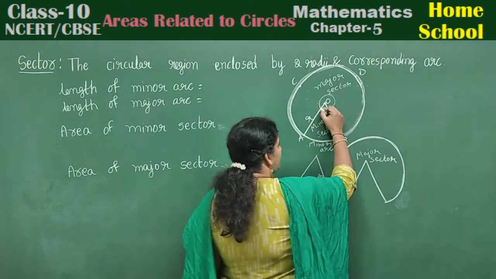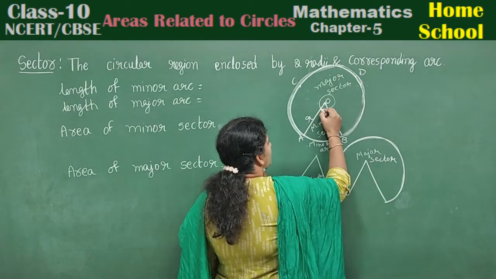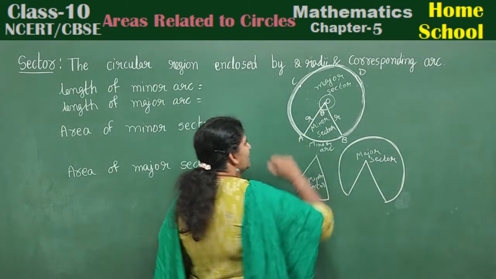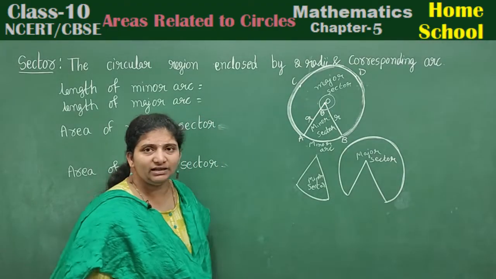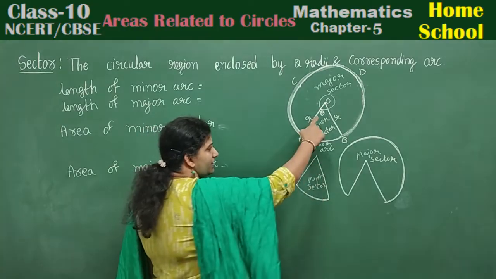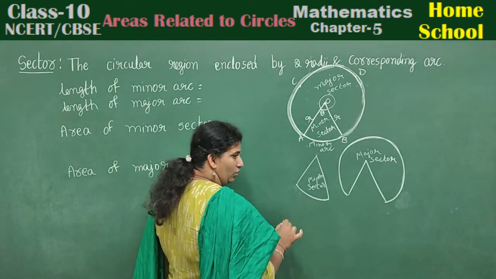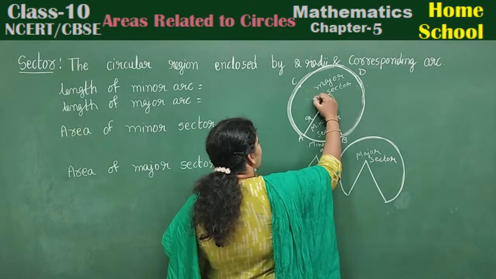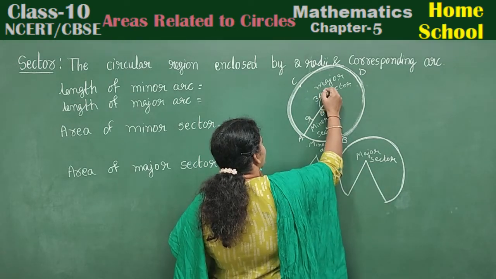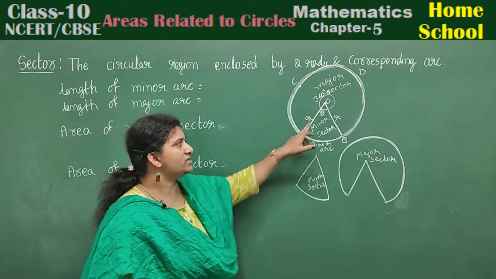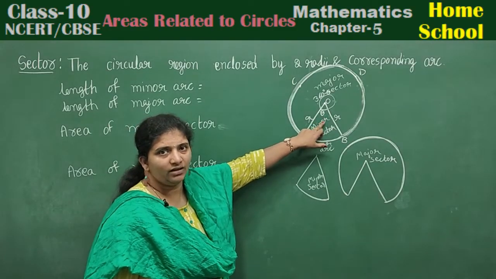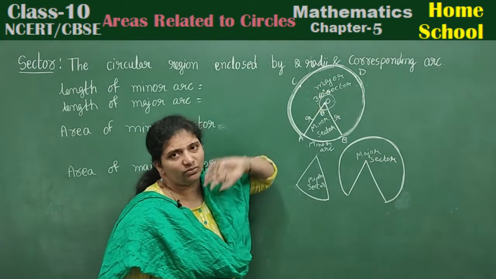But I need part of an angle. So let me assume this angle as theta. What is the complete angle? 360 degrees. If this is theta, then what will be this other angle? It will be 360 degrees minus theta. Suppose this is 40, then this angle will be 320.